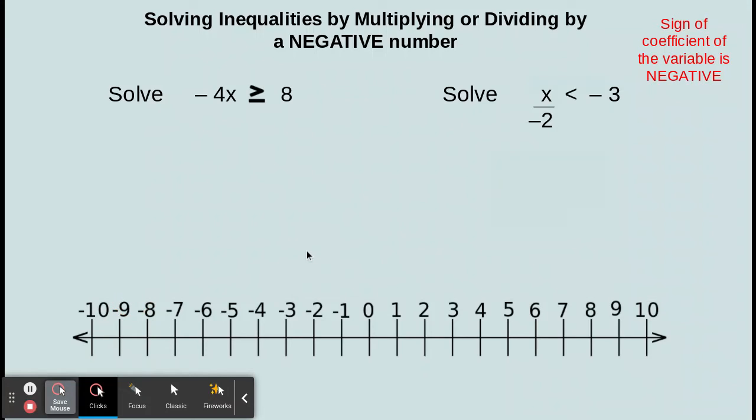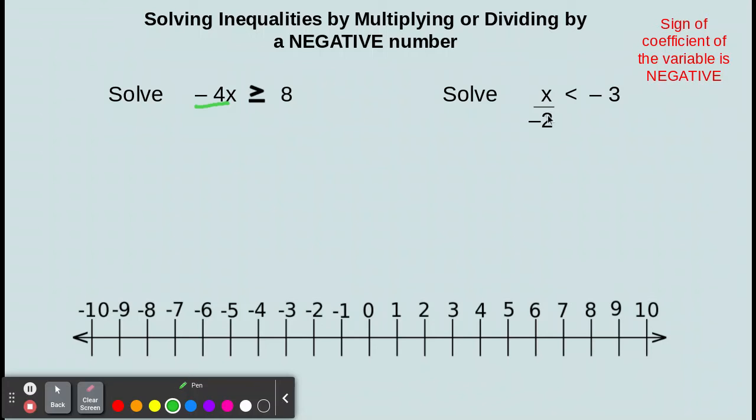Okay, now that you've done that, now is the time when we need to talk about when the sign of the coefficient of the variable is negative. So what do I mean by that? If you look at this, here's the coefficient of x. It's negative 4. Negative, right?